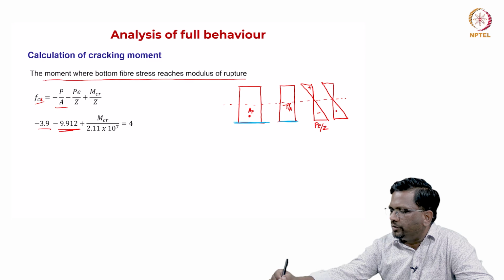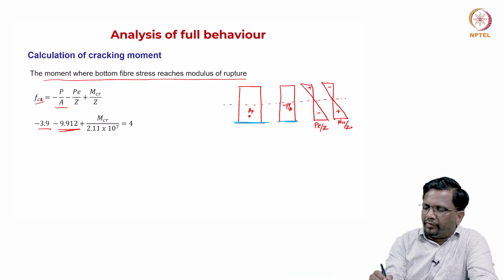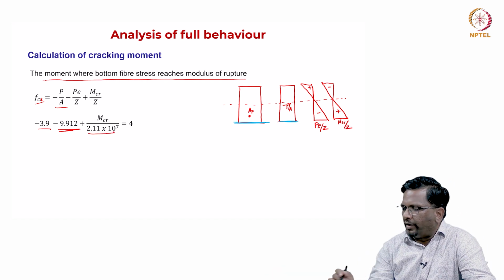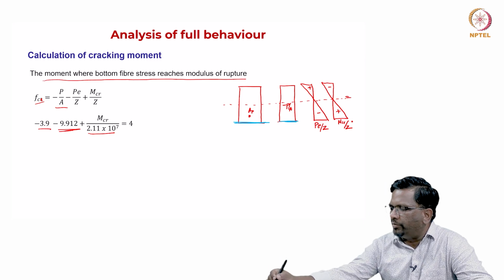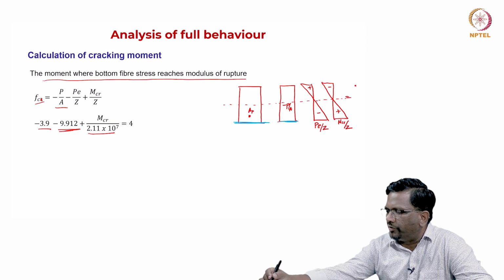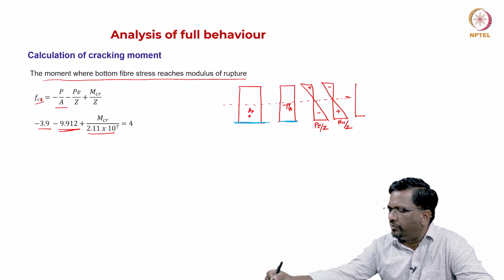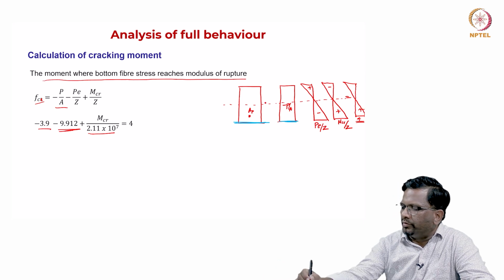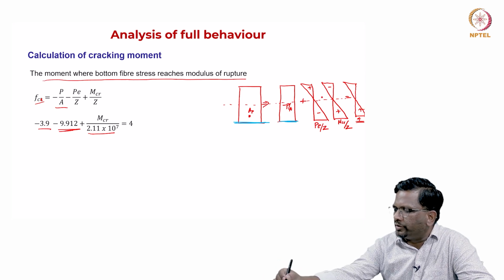That is going to be plus and this is going to be negative. So, at this location it is going to be M cracking by Z. This is your Z, and net everything should become a tension stress of 4 megapascal. This is plus, this value is 4, right. So, this plus this should equal this 4 megapascal.